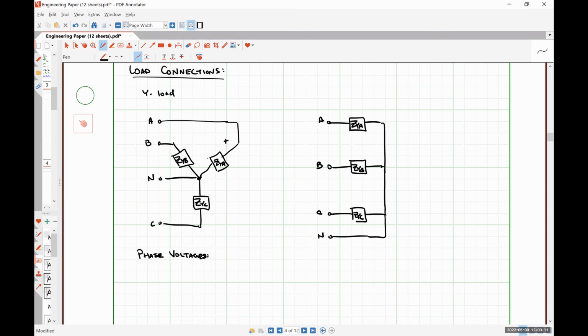So that might be something like this, VAN, where I'm using capital subscripts, VBN, and VCN. Let me draw them on our other representation.